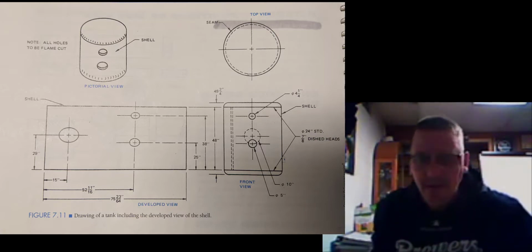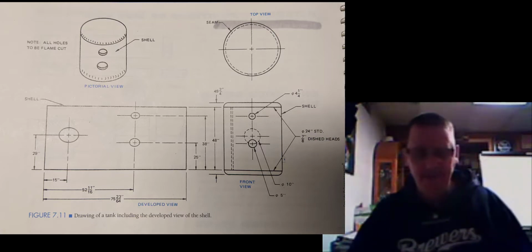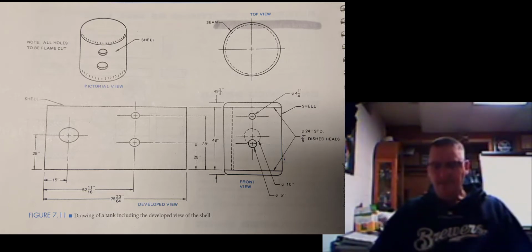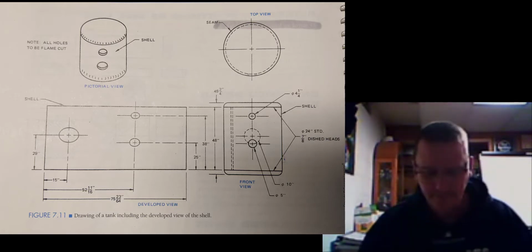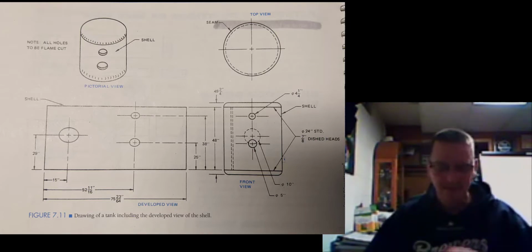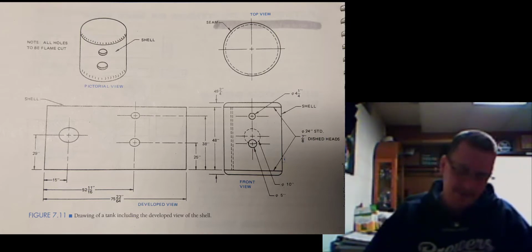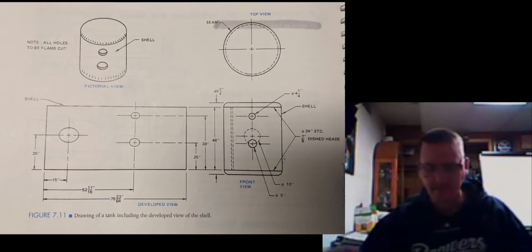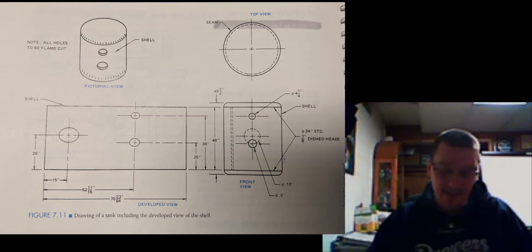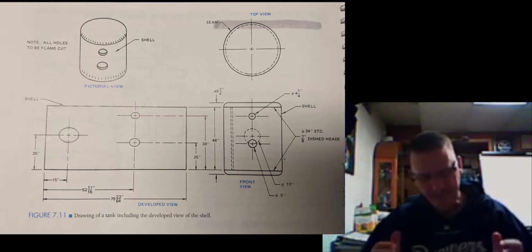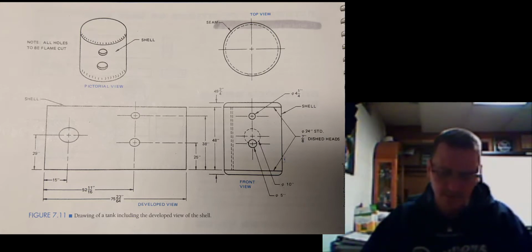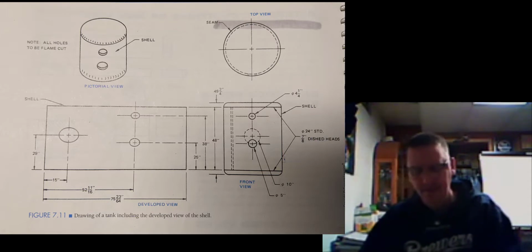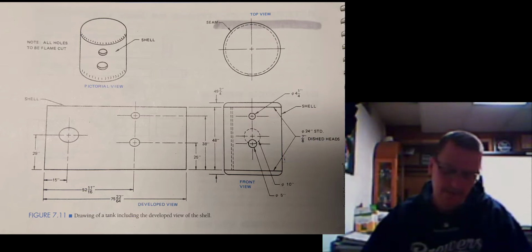Now, as a welder, how would I come in and figure out how to build this tank looking at it from the front view? I couldn't. So I need a developed view looking at it to where it is flattened, laid out. It gives me an idea to where in the developed view I can find the center of those holes to cut, which would be impossible if I was trying to go off of the front view.